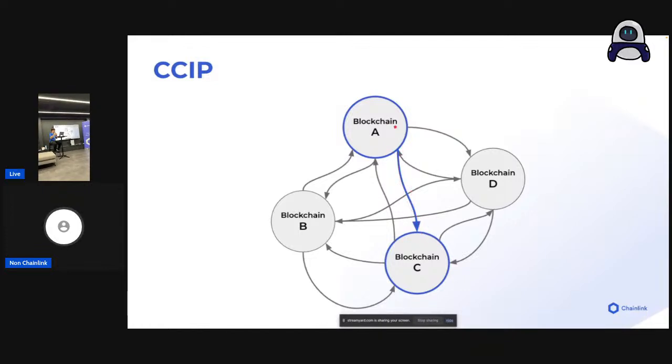If you want to send something from chain A to chain C, we have a CCIP lane, and this lane is unidirectional. So you can only send from one chain to another chain one way. But if you want to send something from chain C to chain A, we're going to have a separate lane to do that. This is designed to be security first. That's why we designed it this way.